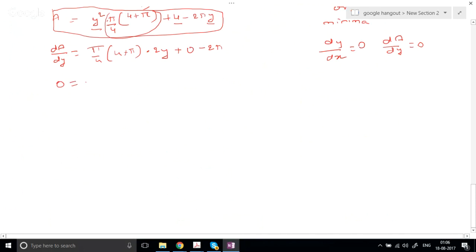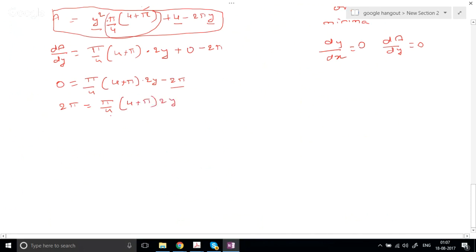Equate this to 0. So pi by 4, 4 plus pi into 2y minus 2 pi. So let's take this 2 pi on the other side. We have 2 pi is equal to pi by 4 into 4 plus pi into 2y.